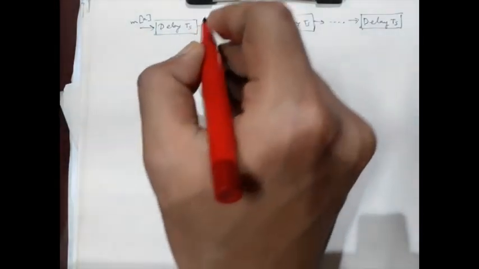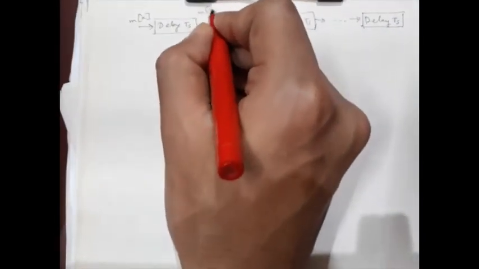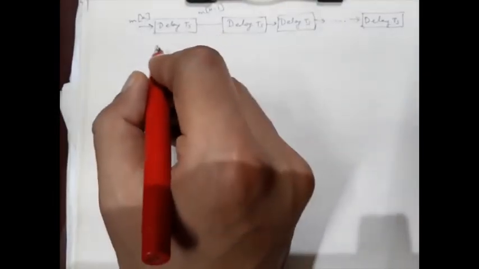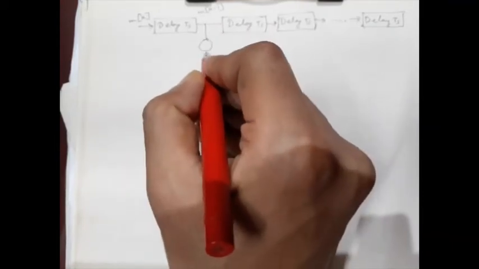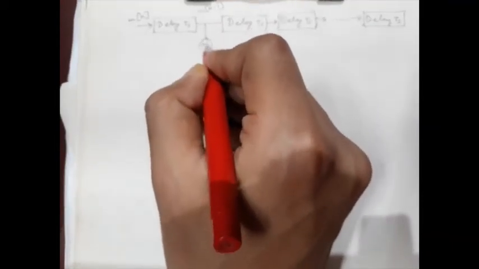So if it is m[k], then it will be m[k-1], this one is m[k-2], and so on. Now we will have some coefficient scaling factors.